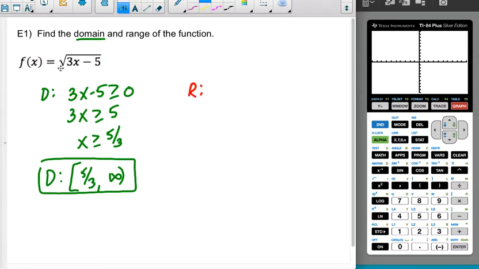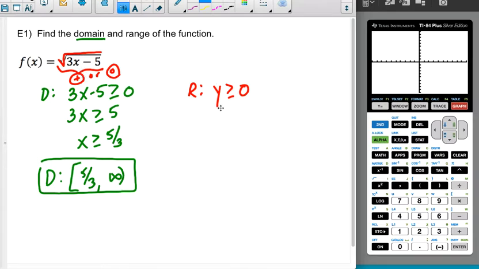Now, for the range, the output of an even root has to be non-negative. So this whole thing has to net positive or 0. What that means is that the range of this function is going to be greater than or equal to 0, because the entire function is a root, and the output of an even root is non-negative.